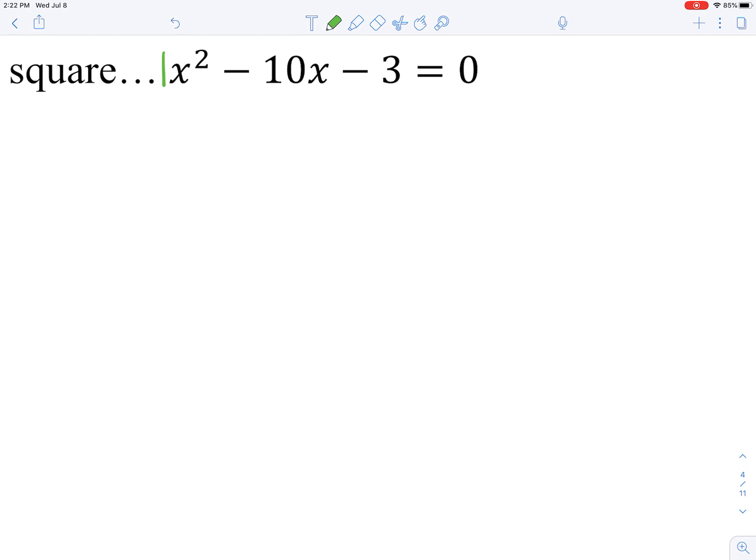Okay, so let's go through our steps for completing the square. So notice that a here is equal to 1, so we don't need to factor anything out. I'm going to show you how to complete the square on one side of the equation.